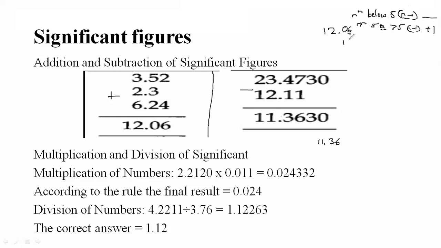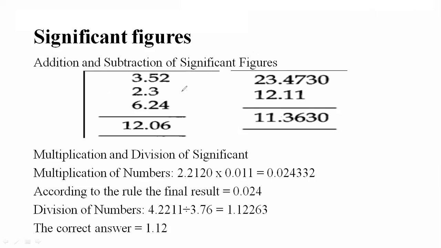So this is 6, so I will write it as 12.1. Looking at 11.36, this is 6, so I will write it as 11.4. If the nth number is below 5, I will keep the n minus 1th number as it is. Here it is 1, I'll keep it as it is. If the nth number is 5 or more than 5, then the n minus 1th number will be increased by 1.